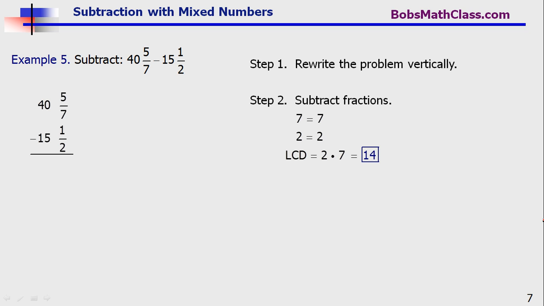Okay, so we're going to rewrite it over again with our common denominator of 14. And then find our new numerators. Let's see, 7 times what number is 14? And then multiply the same number by the 5. And 2 times what number is 14? And multiply the same number by the 1.